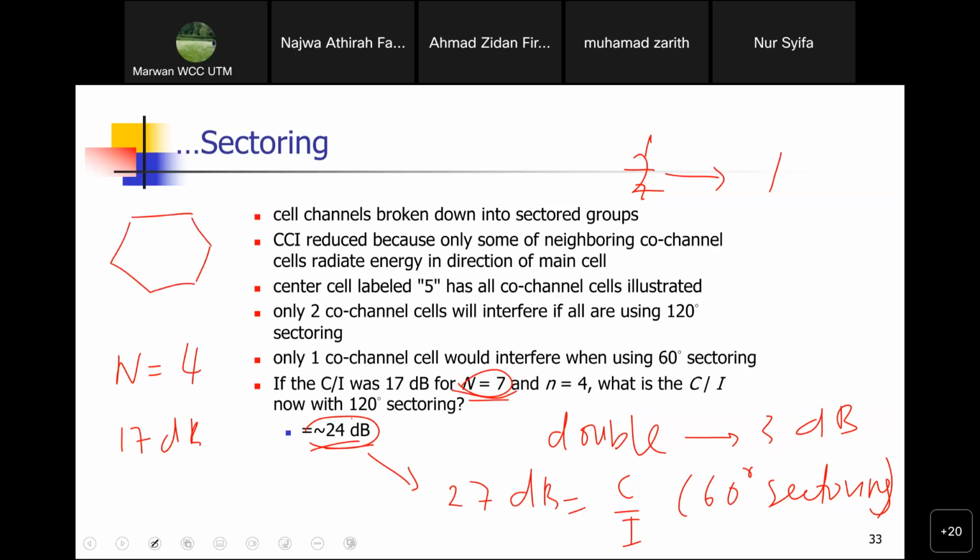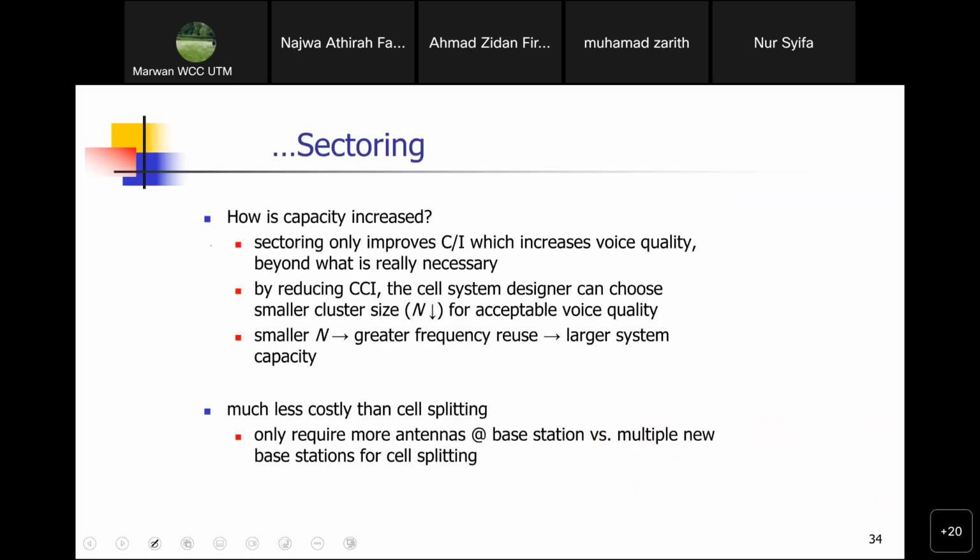Higher number of frequencies per cell, meaning that your trunking intensity is going to be bigger. Then you can boost up the number of users per cell even bigger, because you start with a bigger number of physical channels. Okay, so these are all methods that you can use to improve the number of users per cell. Okay, so how is the capacity increased?